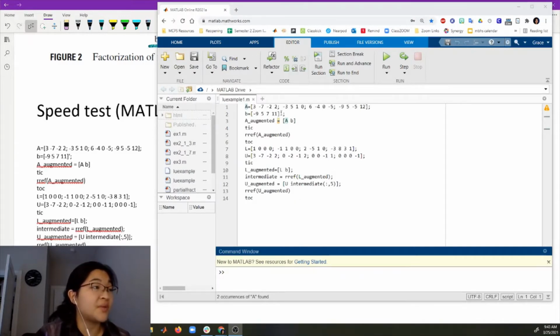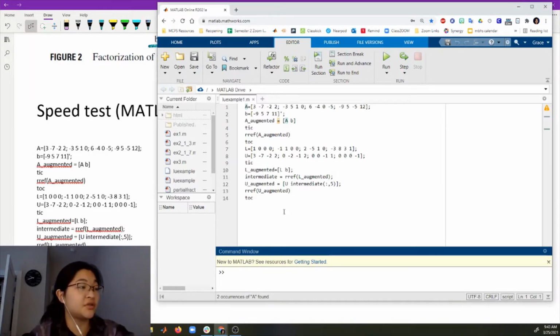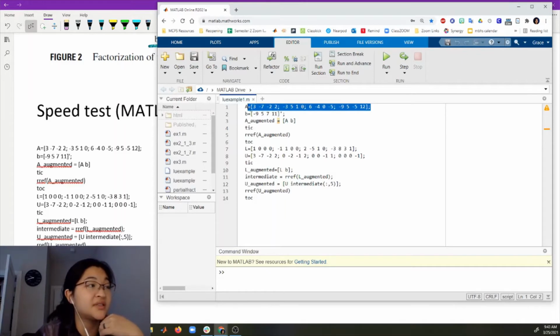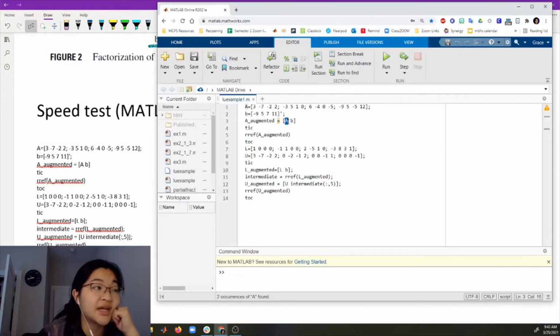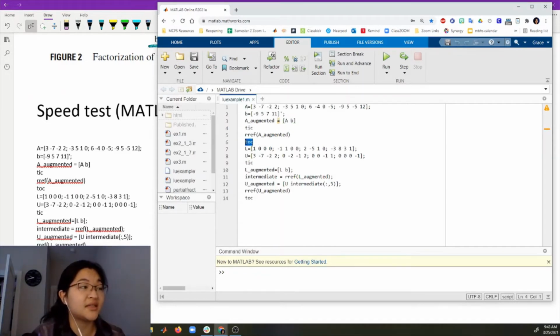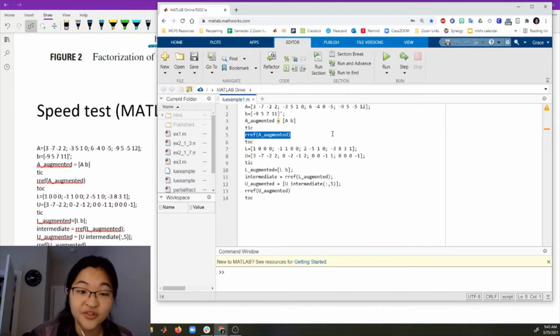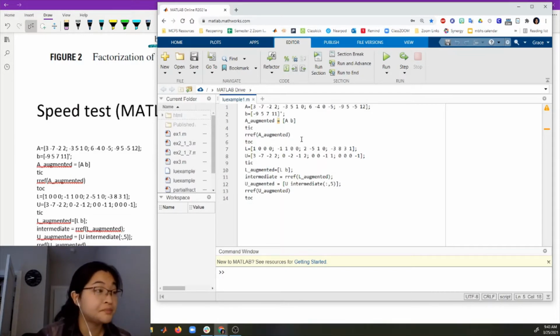We have a matrix A, which is being suppressed, but we also have B, and then we're augmenting a matrix to have A and B together. Then we're going to time with tic and toc how long it takes to find the row reduced echelon form, RREF, of this augmented matrix, so we get a solution.